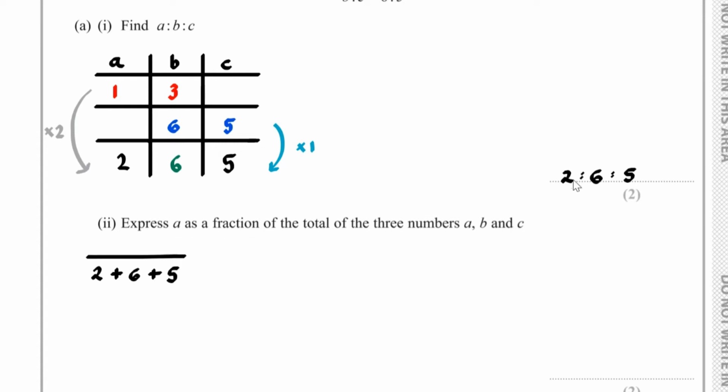And of this, A is represented by 2 parts. So if we work out what this is as a fraction, 2 plus 6 plus 5 is 13. So our fraction is 2 over 13.